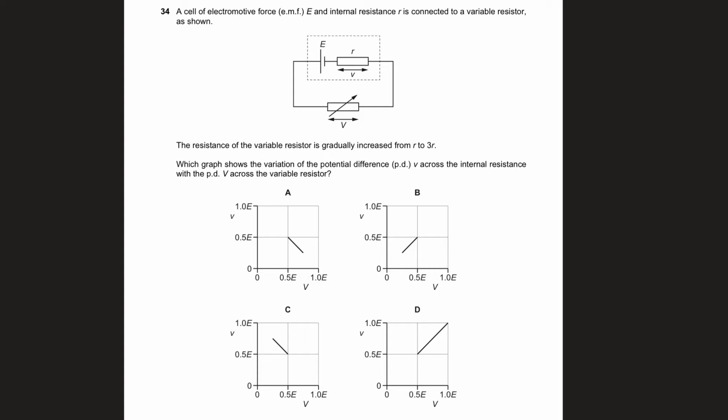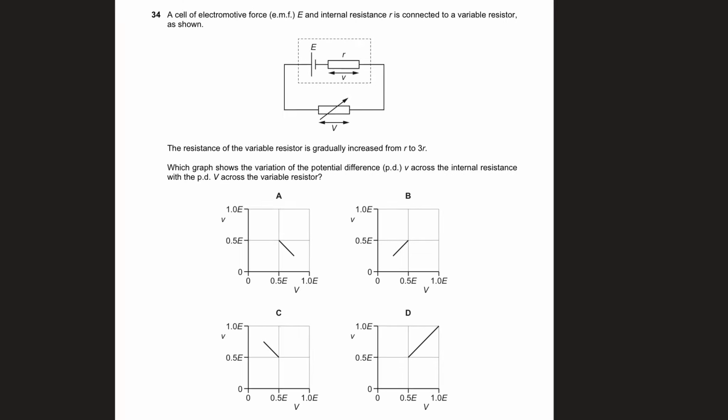So initially, both the resistors are set to R. So the EMF E splits equally between the two resistors. The sum of the potentials across the two resistors, lowercase v plus capital V, at all times should be equal to E, because that is what the cell is capable of providing.